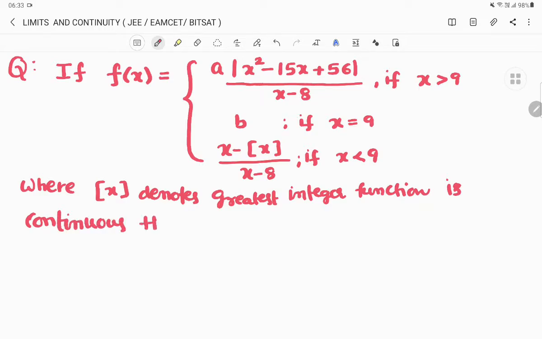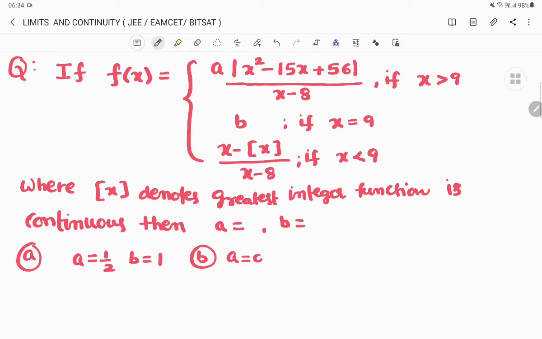Then a equal to, comma, b equal to. Your first option is a equal to 1 by 2, b equal to 1. In the second option we have a equal to 0, b equal to 1.